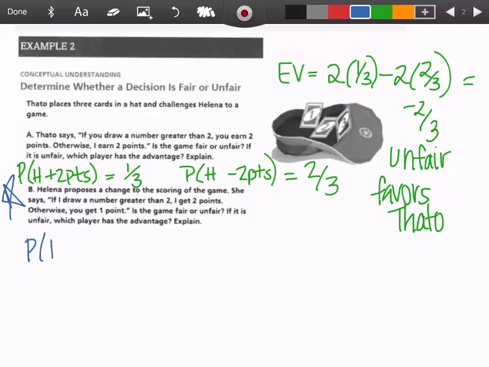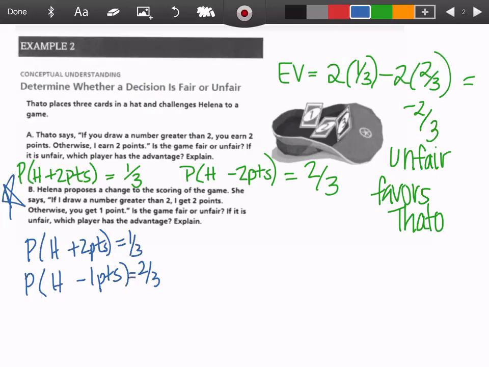Our probability that Helena earns 2 points is still 1/3. But now we have the probability that Helena loses 1 point each time, that's 2/3, each time Helena picks a card that's not greater than 2.